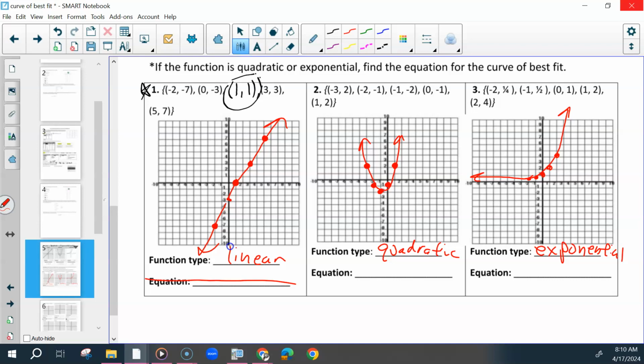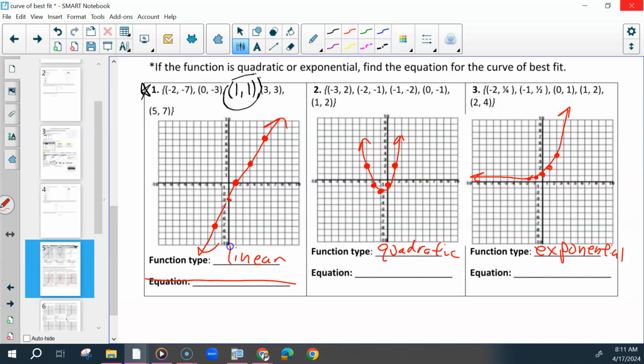So because that's a consistent increasing of y over x, that would be slope linear. But in number 2, I see my x values going up by 1, but my y values go down and then come back up. That's going to be quadratic. Anytime you see something that goes down and goes back up or vice versa, quadratic.